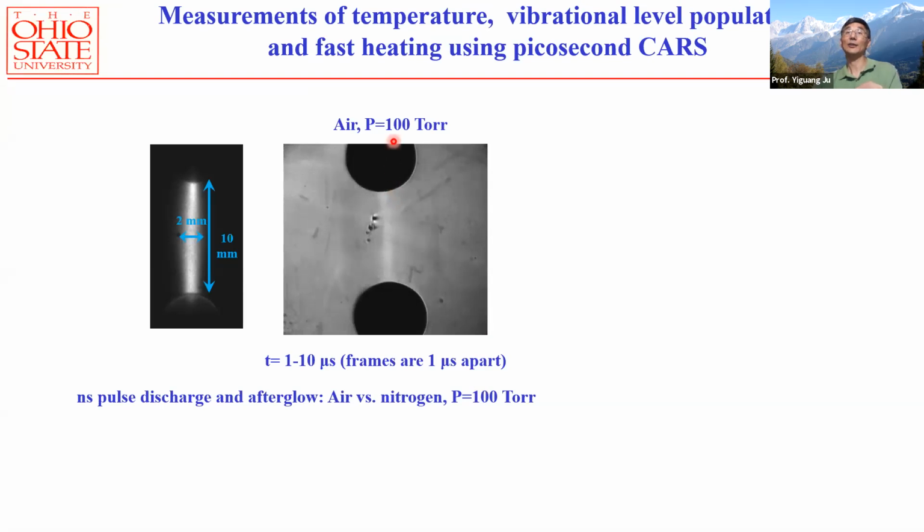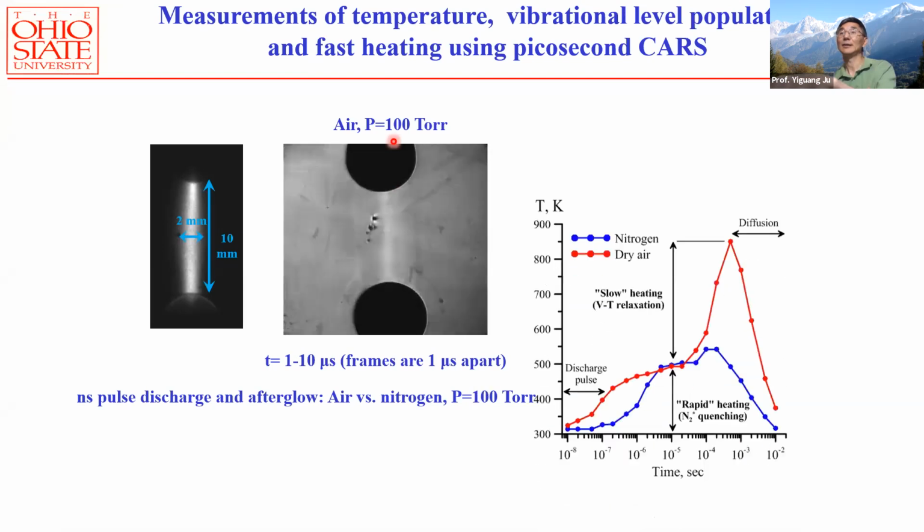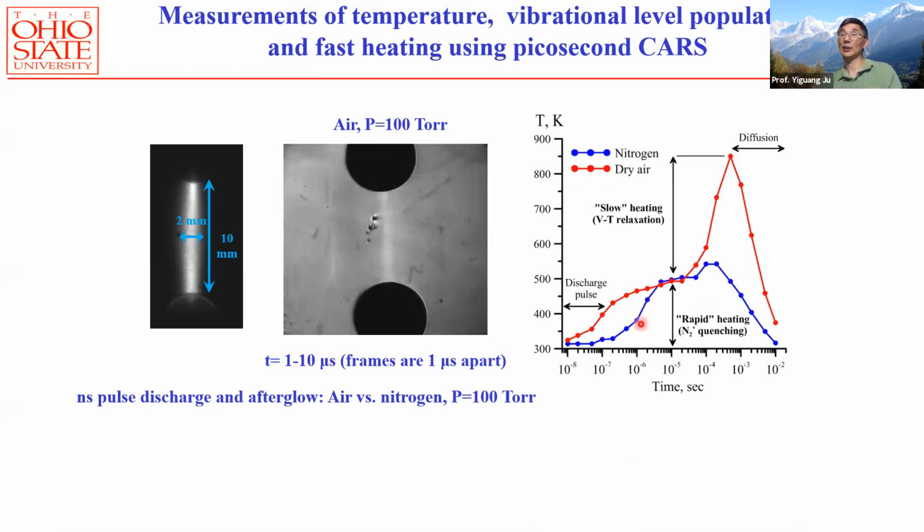This is the opportunity, and at Ohio State, Walter Lempert and Igor conducted experiments in an air discharge at 100 torr using a picosecond laser, and they measured the temperature as a function of time. With the nanosecond plasma discharge, you can see that in air there is more temperature rising, with a fast heating and a slow heating.